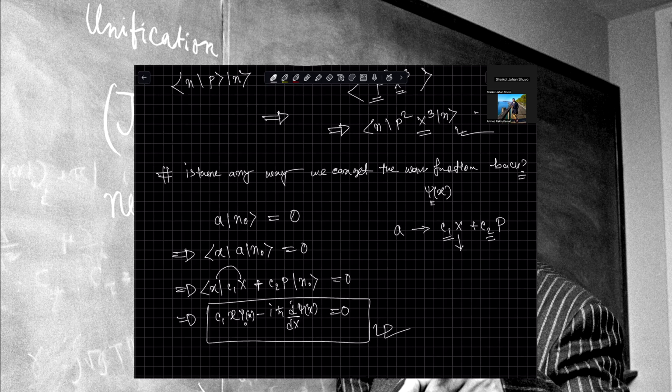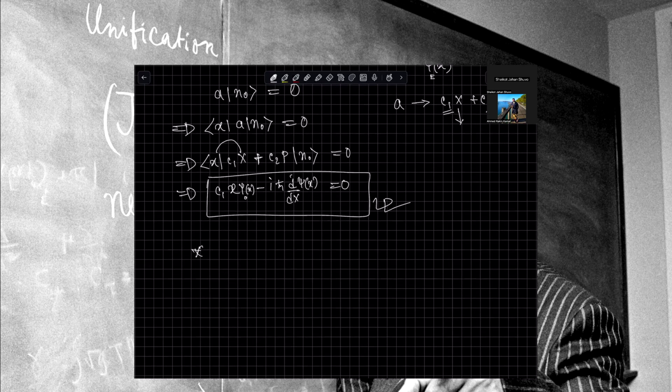And since once you know the ground state, you can build up the other states using the creation operator. Let's say this is the ground state |0>. The next state is just if you act a dagger on the ground state, this is the ground state energy plus 1, so |1>.